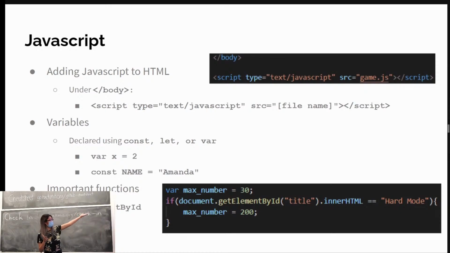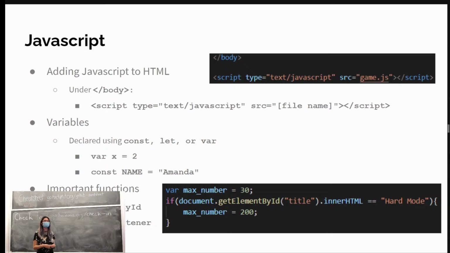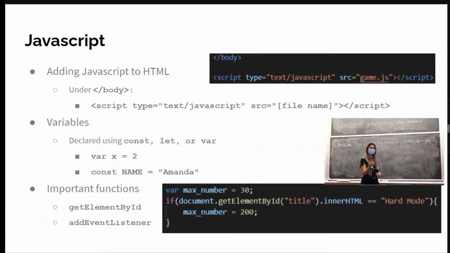If we're using get element by ID title, then we're looking throughout the whole HTML to find a div with ID equals title. And one other function that we will touch on later is add event listener, which basically adds an event to wait for. Click is an event that we can add to any div or anything in the HTML, and then it will wait for the user to click it, and then it will perform some function.